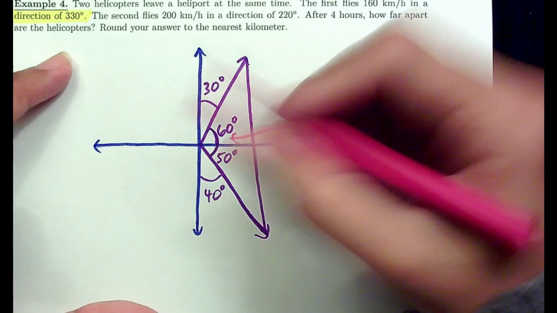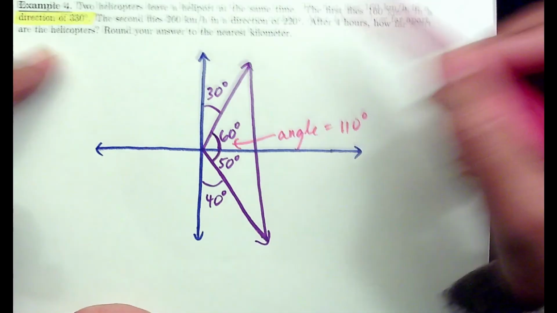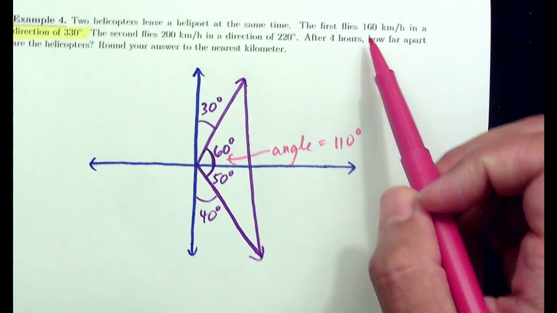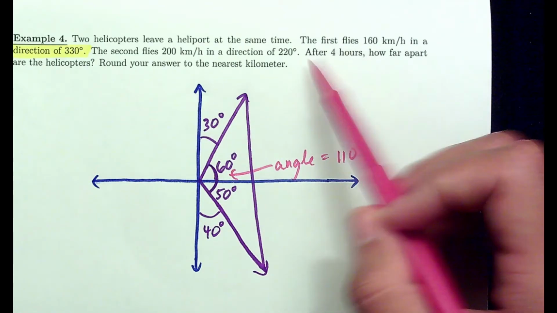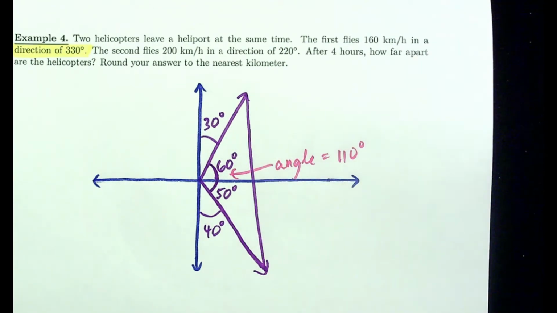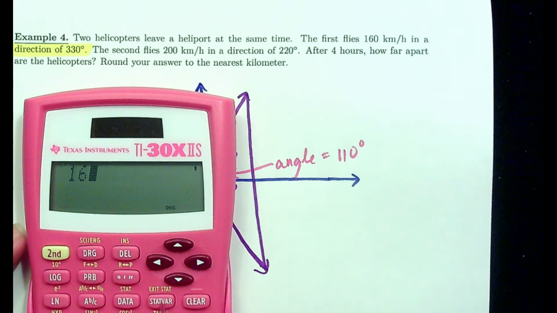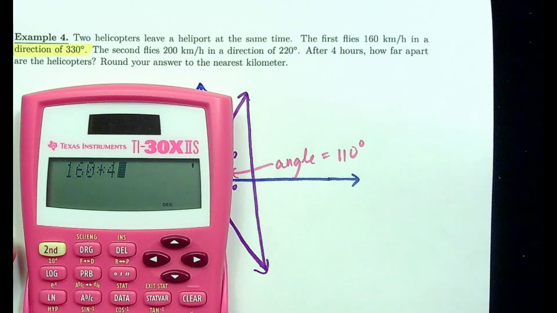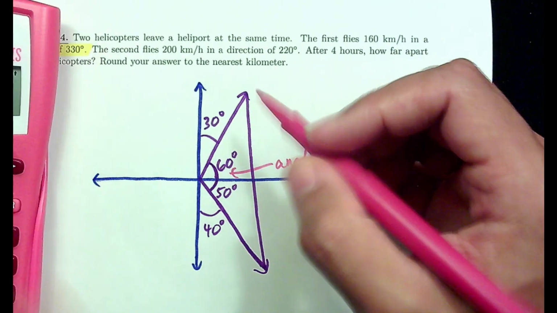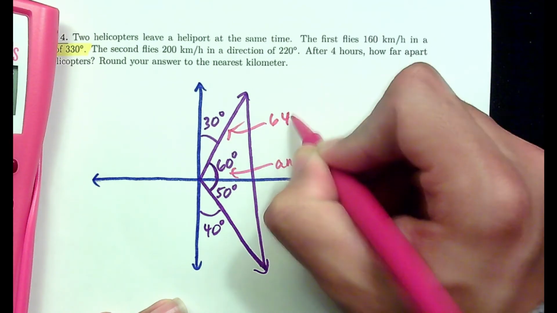Okay, now, what is the length of this? We can figure this one out because that's the distance traveled by the first helicopter. If the first helicopter is flying at 160 kilometers per hour and it flies for 4 hours, then the distance flown is 160 times 4. So this side is 640 kilometers.